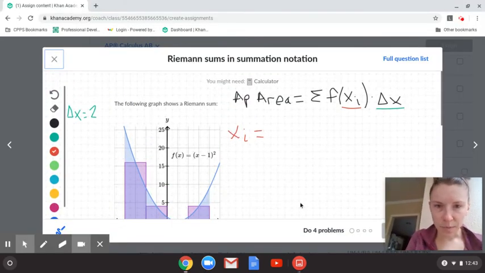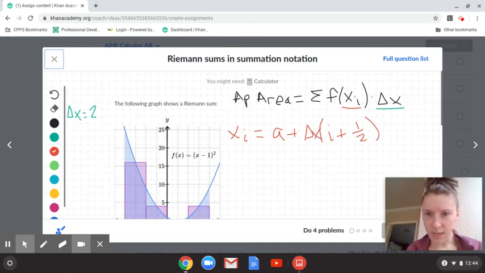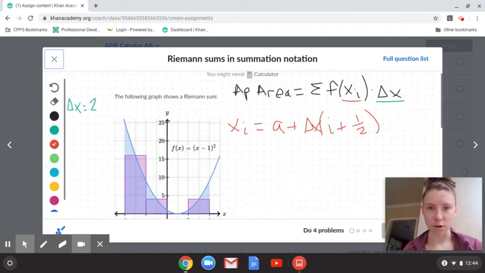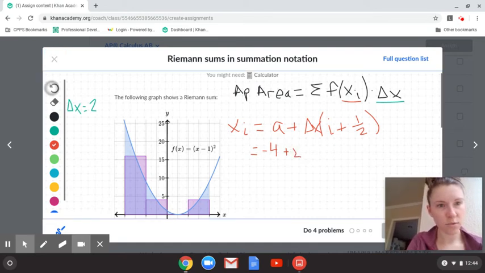So I'm going to put that formula here. A plus change of x, I plus 1/2, or 0.5. Change of x times I plus 1/2. Okay, so our a was -4. Our change of x is 2. It's about 2. Let's try again.